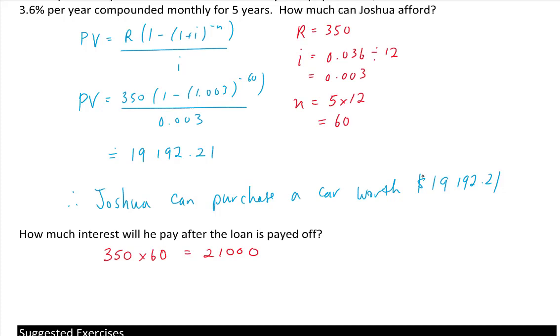But remember that the car was worth $19,192.21. So he paid $21,000 for the loan, but the purchase price of the car was $19,192.21, which means he paid $1,807.79 in interest. So this is money that he gave to the bank because he didn't have enough money to buy the car all at once.